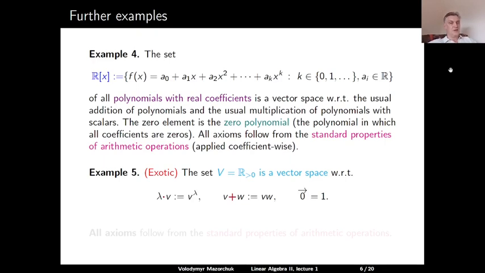And if we have two positive real numbers v and w, we define their exotic sum as the product. And the zero vector in this vector space will be the real number 1. And it is very easy to check that all axioms of a vector space using such definitions follow directly from standard properties of arithmetic operations.